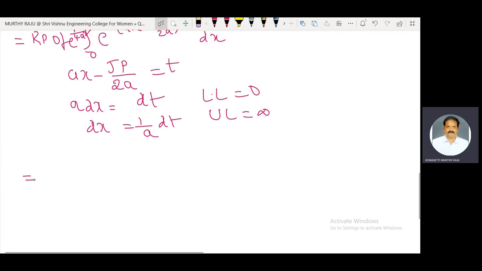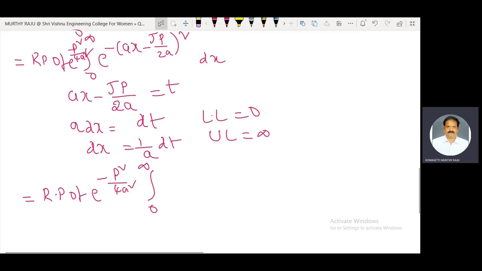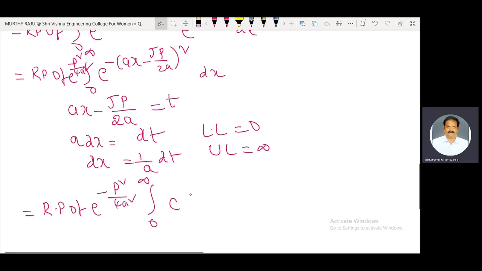That is equal to real part of e power minus p square by 4a square, t limits are 0 to infinity, e power minus t square, where ax minus jp by 2a is t. Here dx is replaced with 1 by a dt.